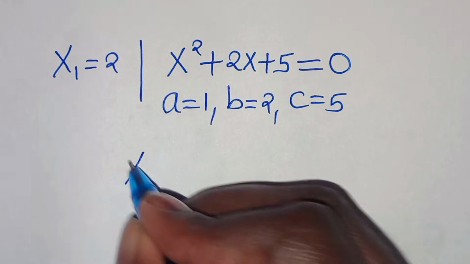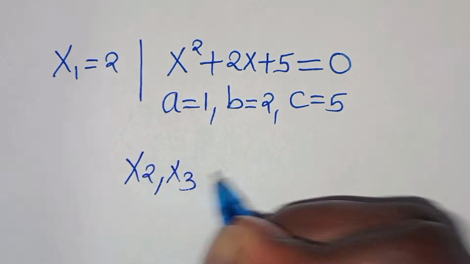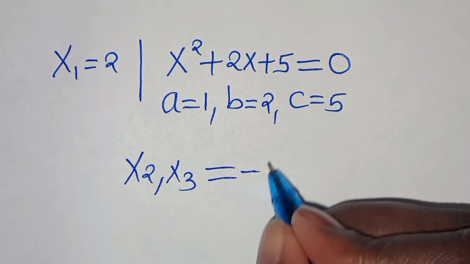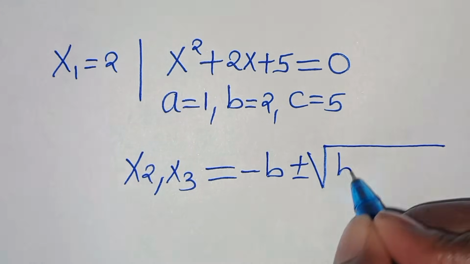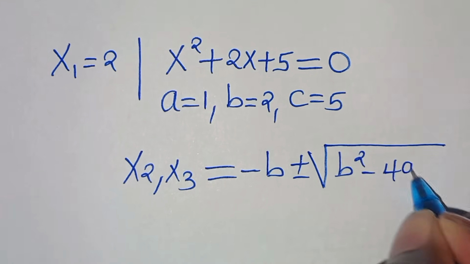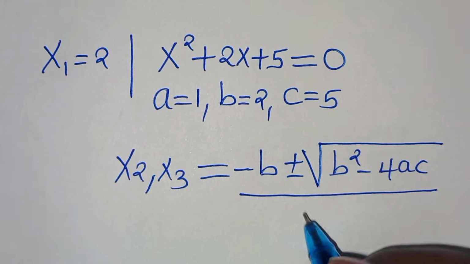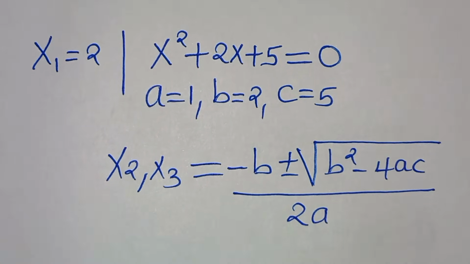Now let's solve for x2, x3 by applying the quadratic formula here, which is minus b plus or minus the square root of b squared minus 4ac, everything here divided by 2 times a.